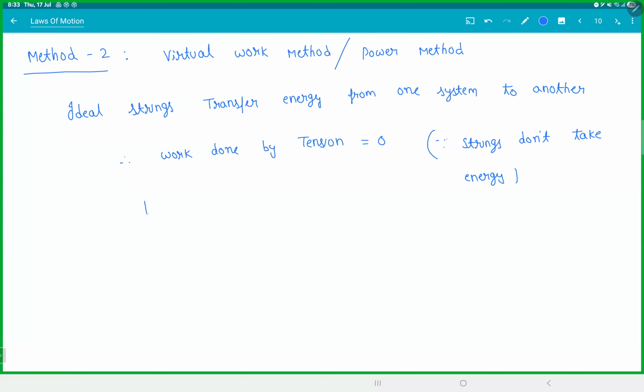So that means the power due to tension is also zero. We are going a little out of the chapter.